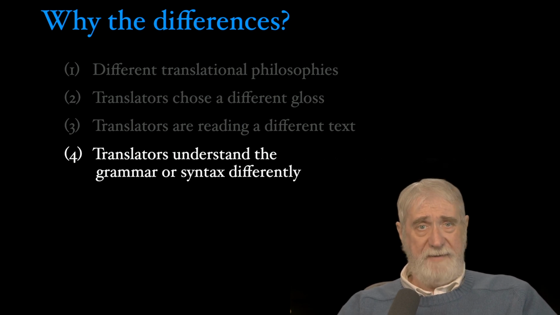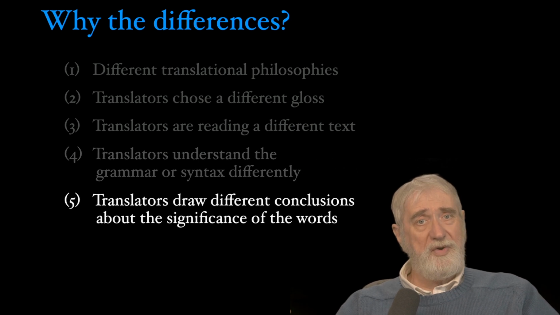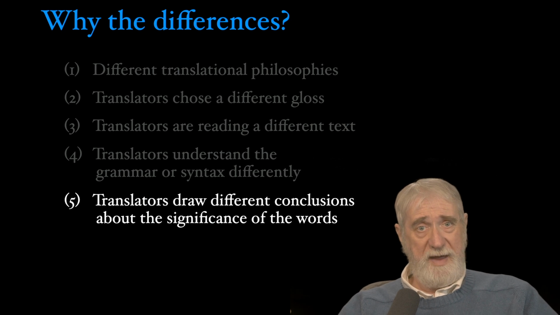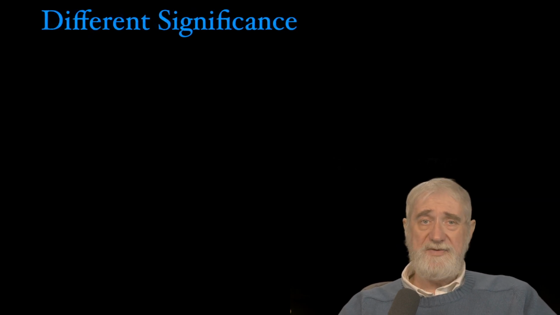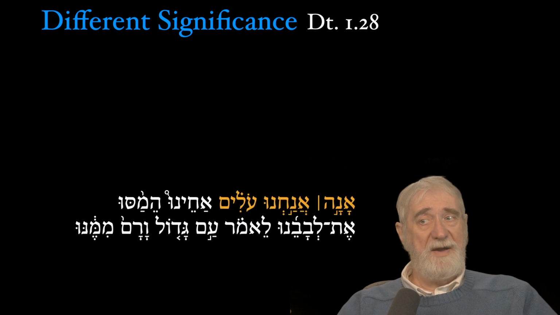The fifth way that translations differ is that they draw different conclusions about the significance of the words that are in the original text. So here, let's look at an example from Deuteronomy chapter 1, verse 28. The Hebrew reads, Anachnu Olim.